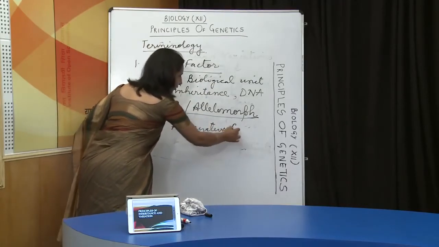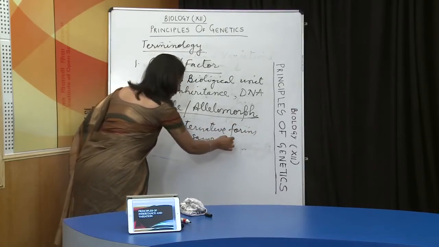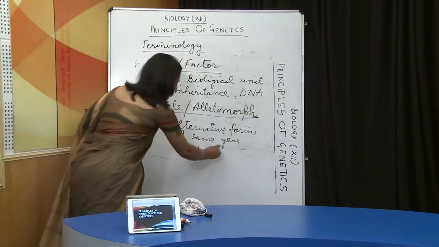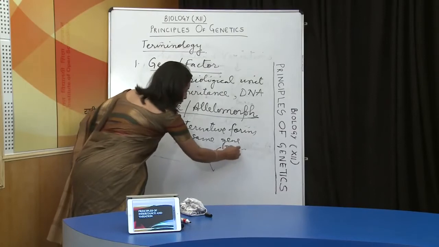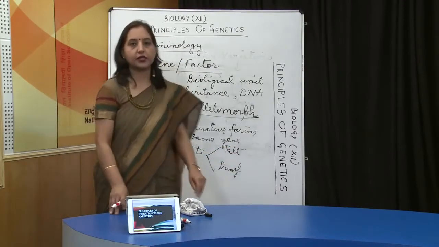So alleles are alternative forms of same gene. For example, for the height of the plant, there are two alleles. One is tall and the other is dwarf.